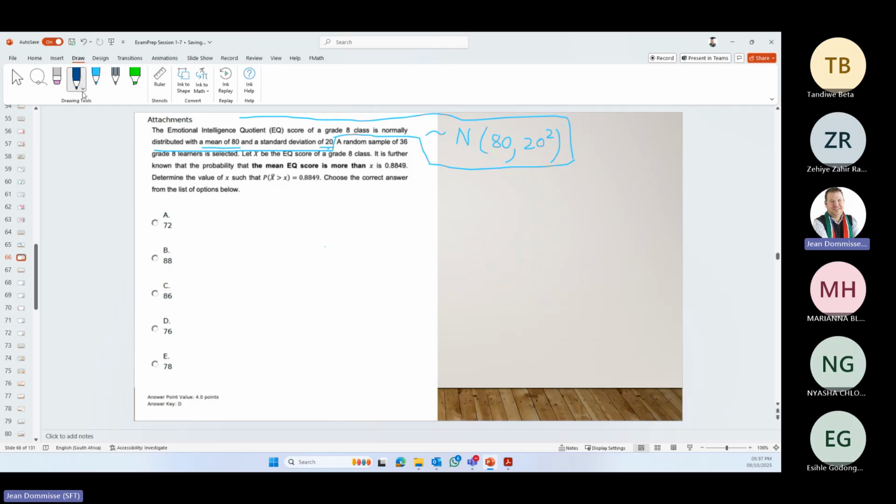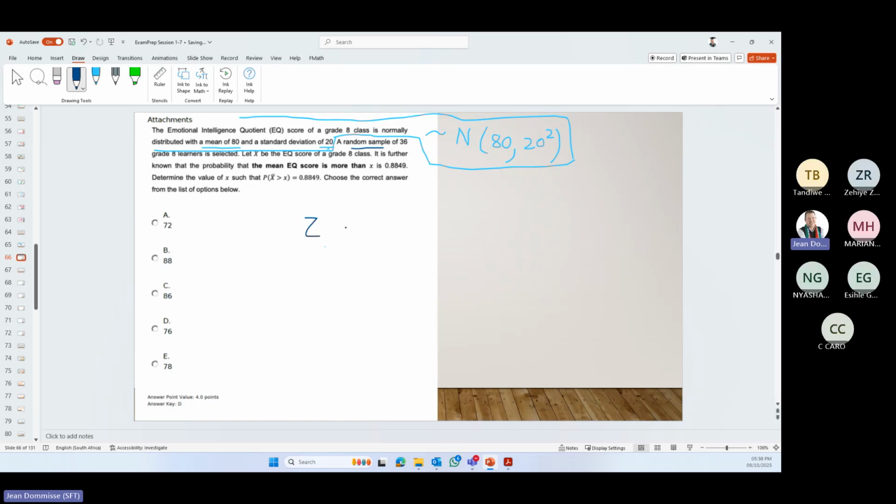Okay, so let's look at the rest of the question. So when they tell us we're working with a random sample, and we need to work out a Z, this would be our formula. So a random sample of 36 grade 8 learners is selected.